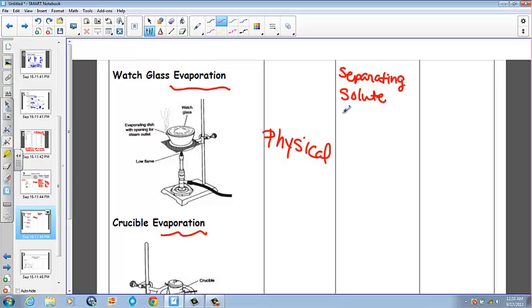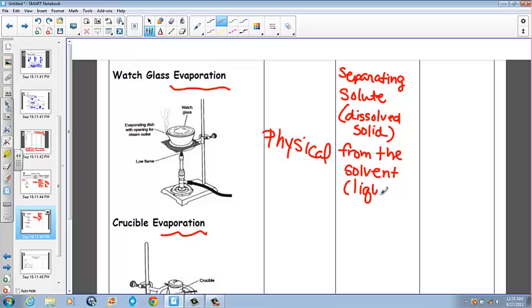And what is the solute? That is the dissolved solid. So we're separating the dissolved solid from the solvent, which is the liquid, in most cases water.